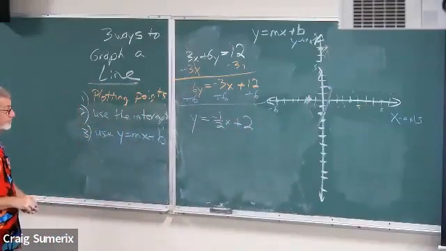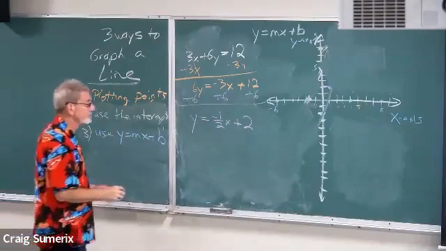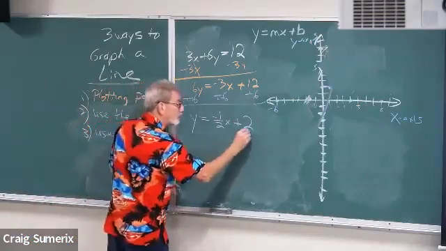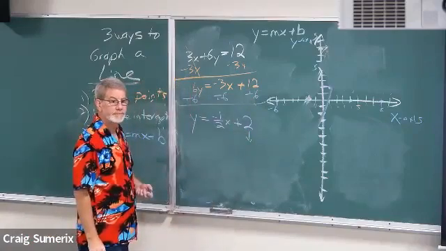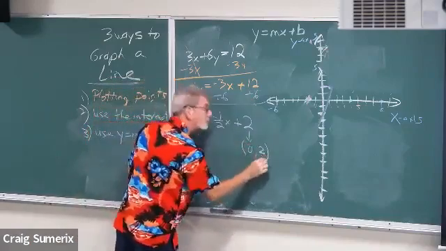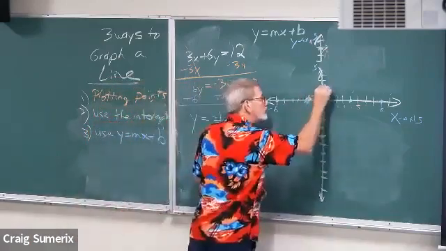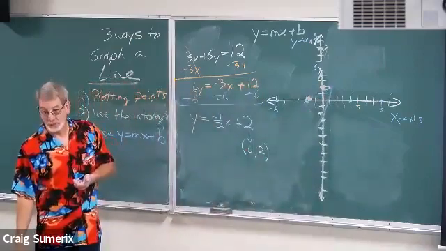Okay. So where do you go from here? B is 2. What does that tell you? So the point would be 0, 2. You see why my math lab insists on it being an ordered pair.